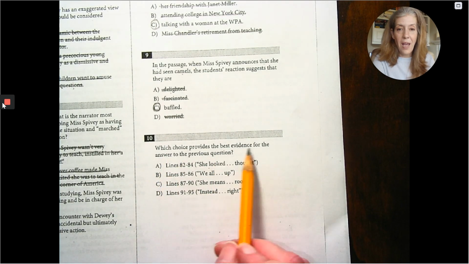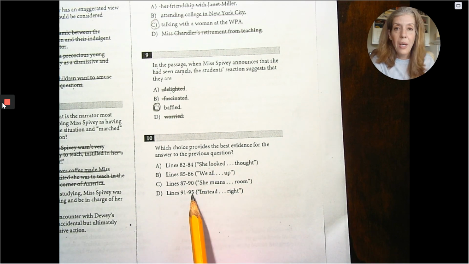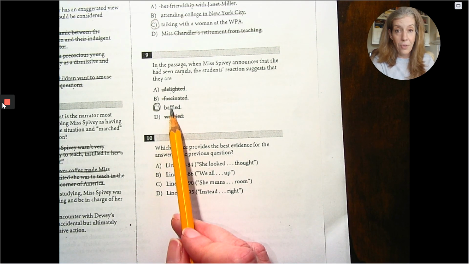Which choice provides evidence for the answer to the previous question? Again, we're going to have to go back into the passage. Before you go back into the passage for anything, be very clear on why you're going back. We're looking for evidence that the students are baffled about her reference to camels.